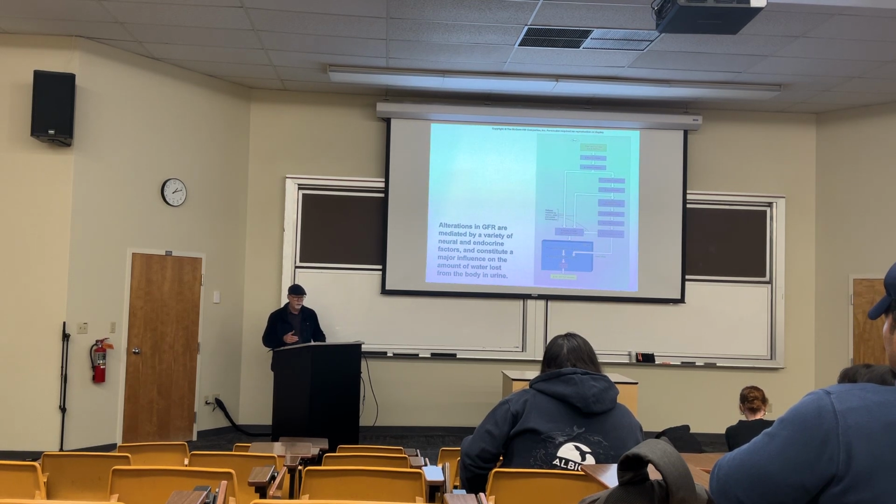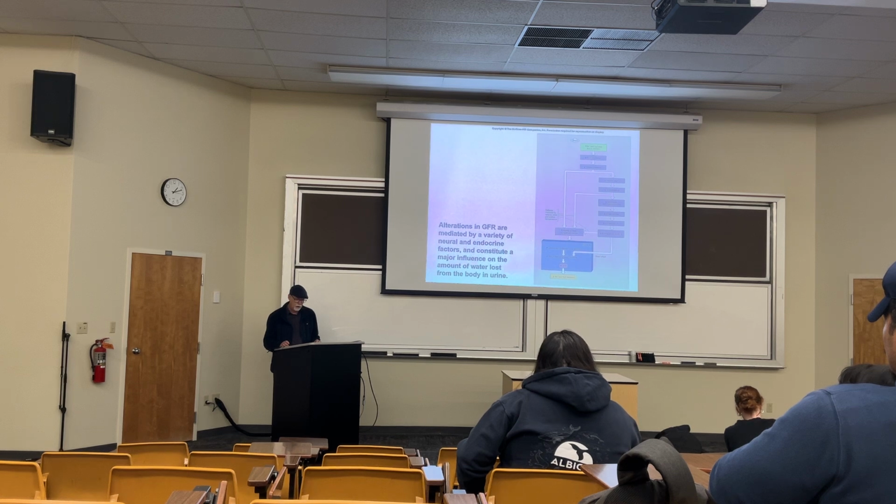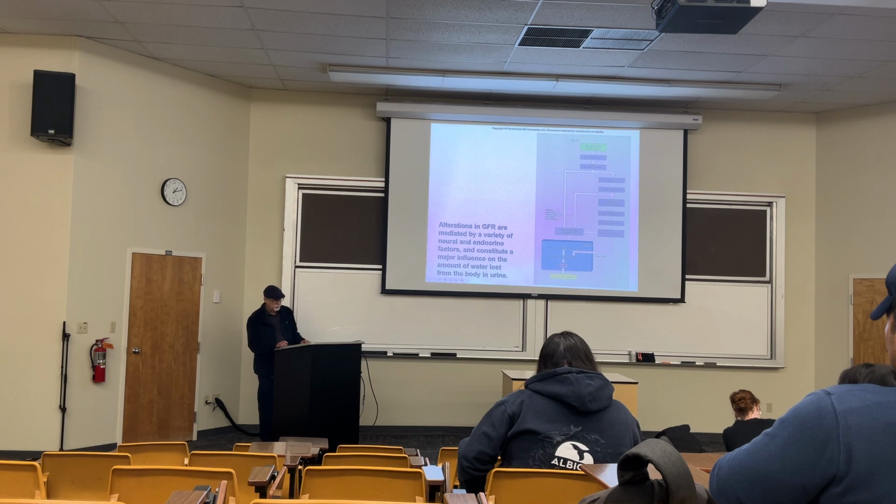Well, what if we lose sodium and water, maybe due to diarrhea or something of that nature? Essentially, our blood volume will go down, our venous return will go down, our end-diastolic volume will go down, our stroke volume will go down, our cardiac output will go down, our pressure in the arterial system will go down. We'll stimulate sympathetic nerves, and we'll do something different.